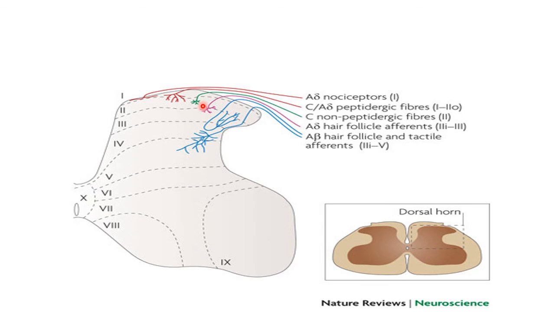In layer 2 there are also C non-peptidergic fibers. Similarly, A beta hair follicle and tactile afferents go to layer 1, layer 2 and layer 5.